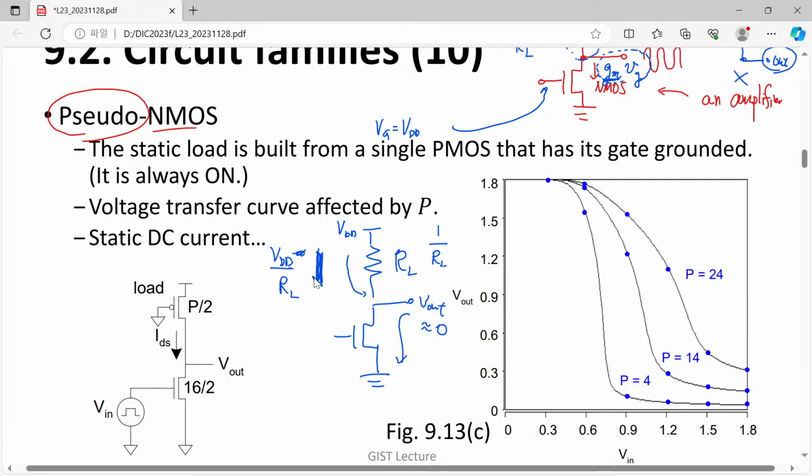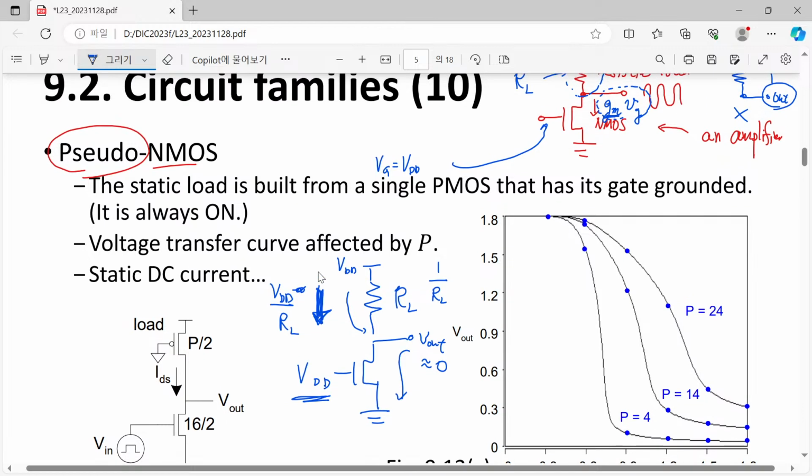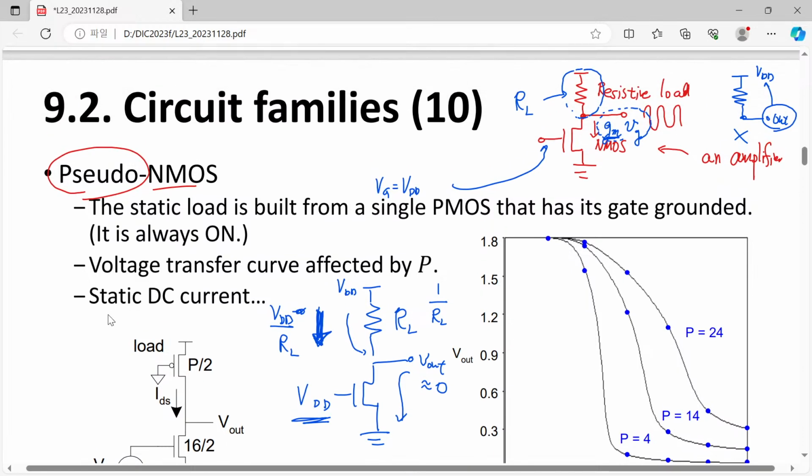This amount of current conduction will happen even when we have a really small output, due to the large input voltage. So this circuit with a resistor will give you a static DC current.